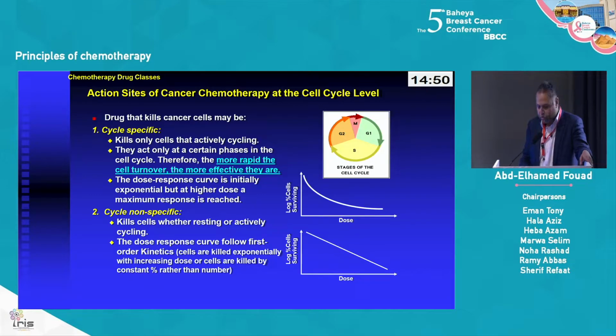The dose response curve of this class is initially exponential. Their effect increases with increasing dose, but at a certain level of higher doses, a maximum response is reached. On the other hand, cell cycle non-specific drugs attack resting cells and actively cycling cells. The dose response follows first order kinetics, where with increasing dose, more cells are killed.